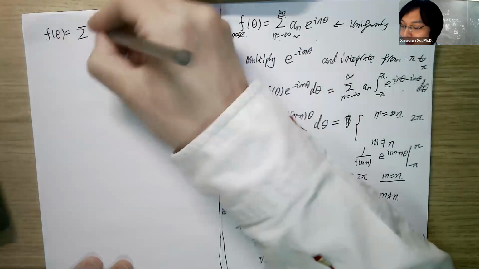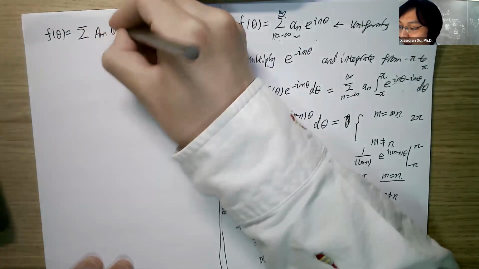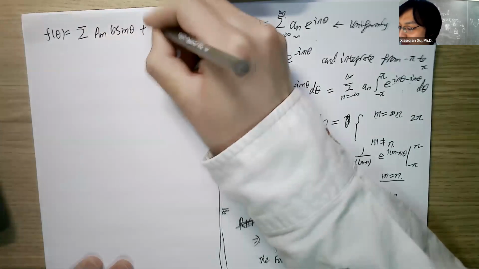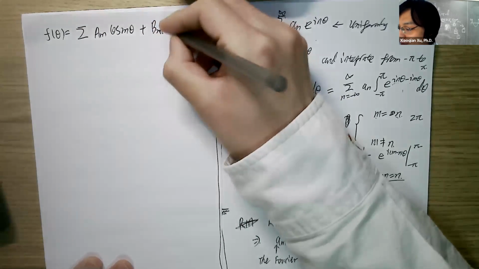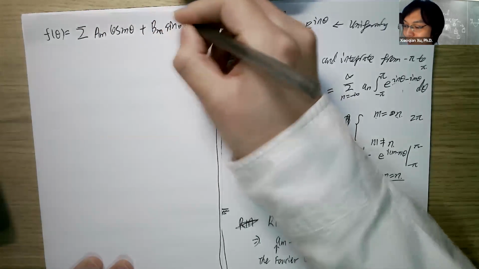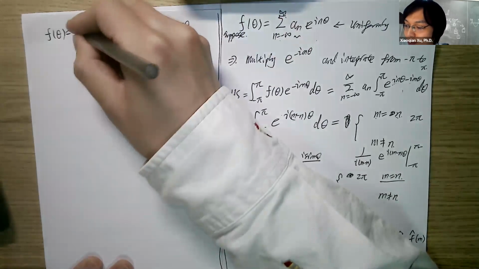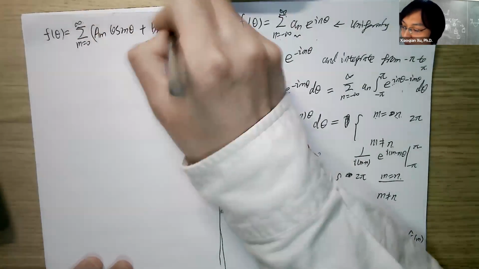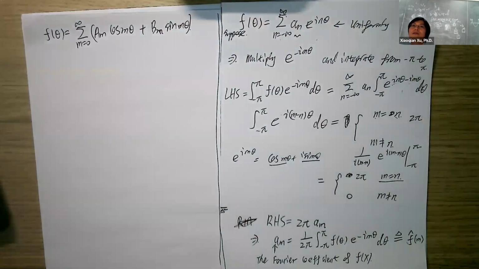Sometimes you also write it as a_m cosine m theta plus b_m sine m theta, sum from 0 to infinity. This is another way to write this Fourier series of f(theta).